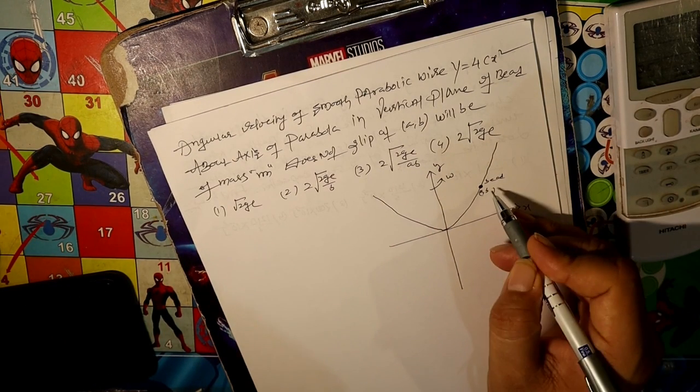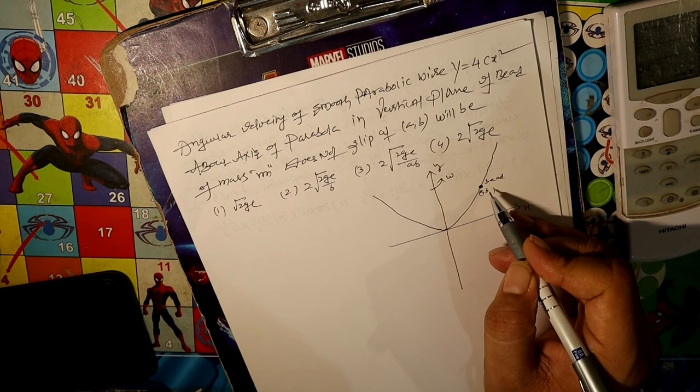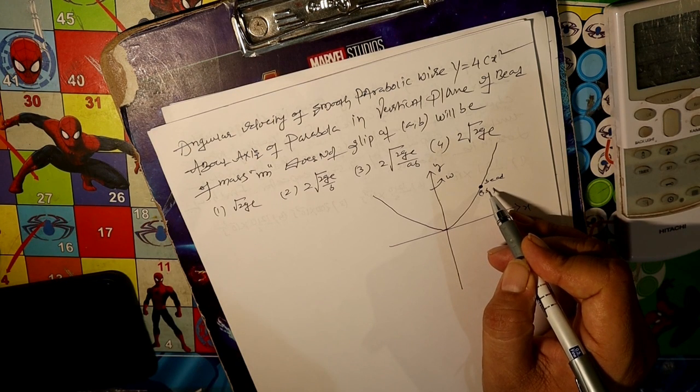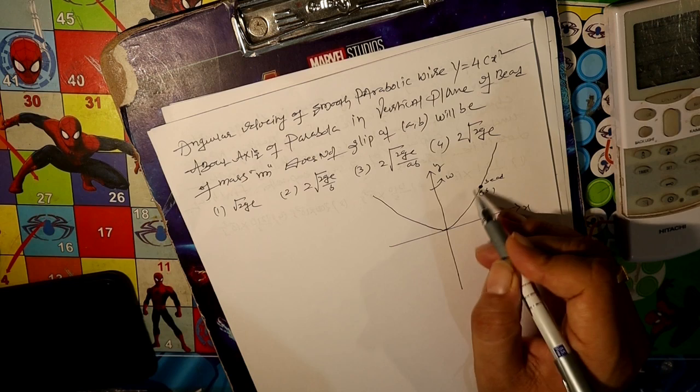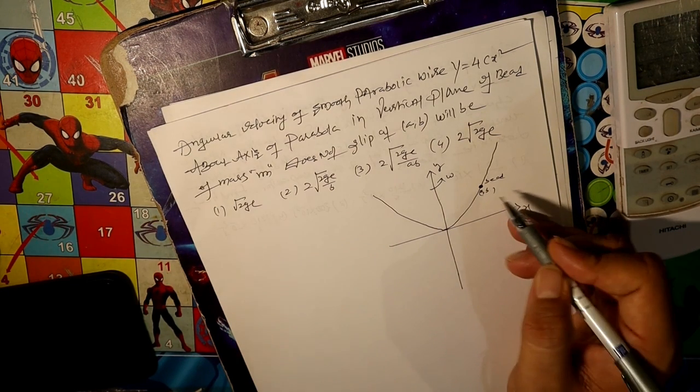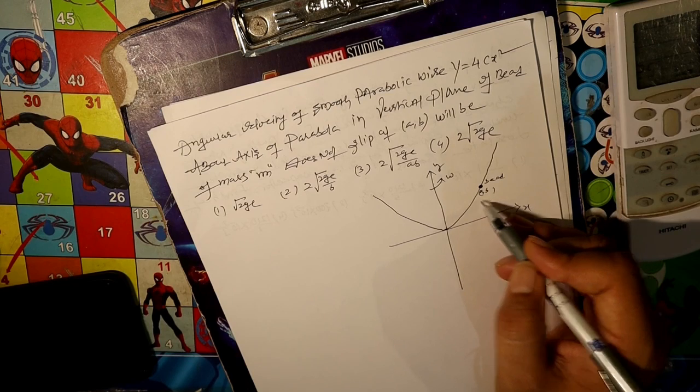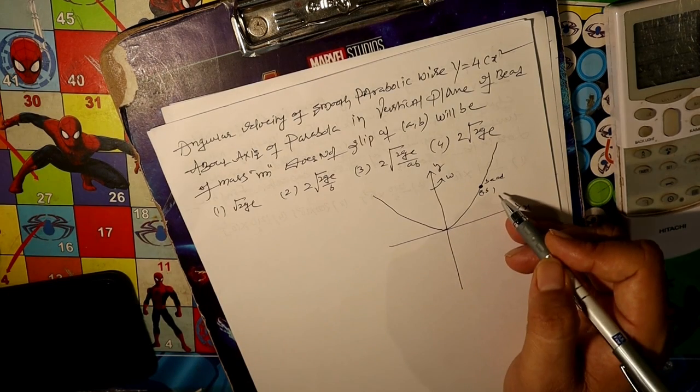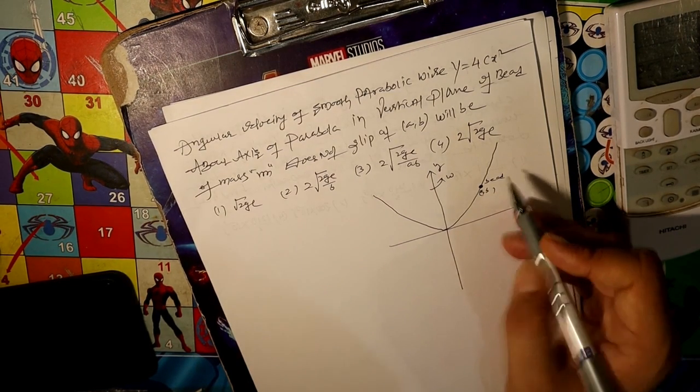So this is a bead. What they ask, this bead does not slip. What is the position of this bead at A, B?